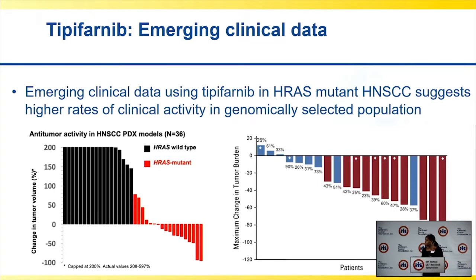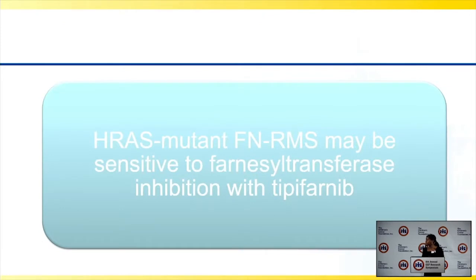On the right, this is a waterfall plot from patients with heavily pretreated head and neck cancers who received Tipifarnib, and they were able to demonstrate objective responses. So this led our group to hypothesize that HRAS mutant fusion-negative rhabdomyosarcoma may be sensitive to farnesyltransferase inhibition with Tipifarnib.